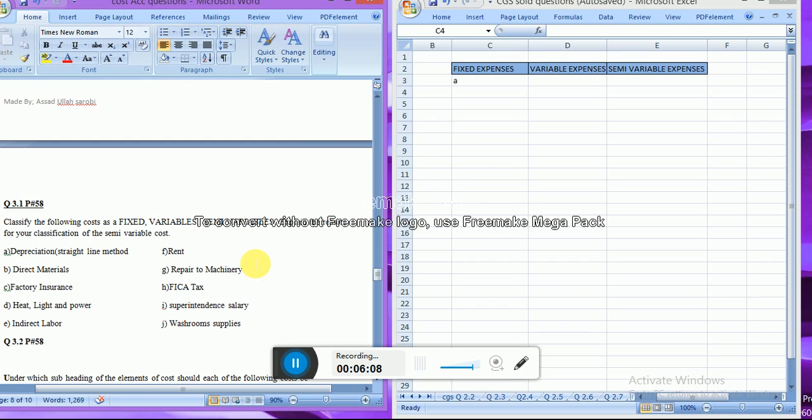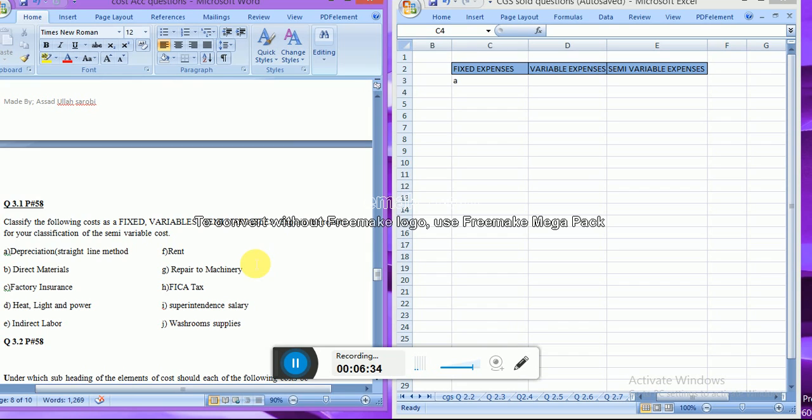How is it variable? Look, when we produce finished goods, if we increase the production, the raw material cost or direct material cost will also increase.